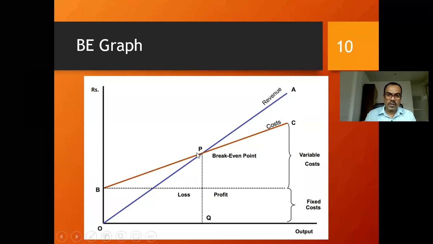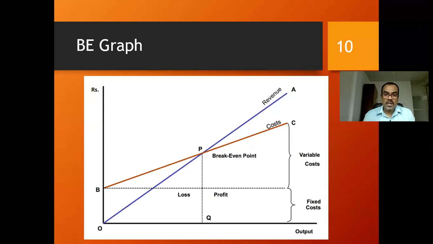If you connect this point to the y-axis, this is where you see total revenue equal to total cost, which means there is no profit. That is why we say at the break-even point, your profit is zero.